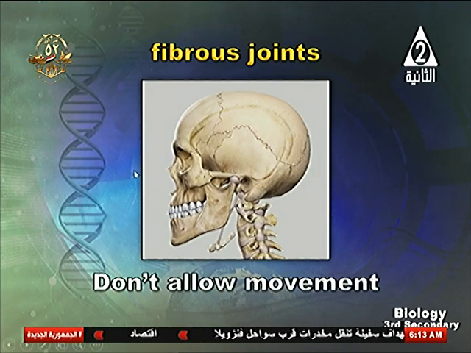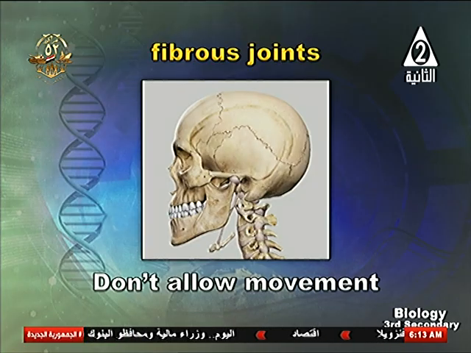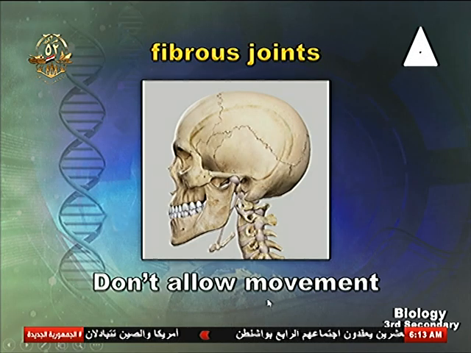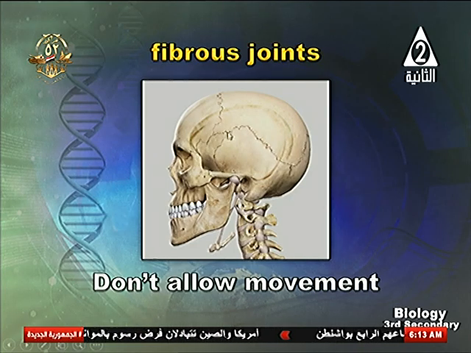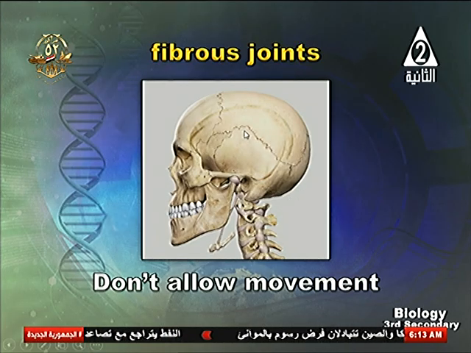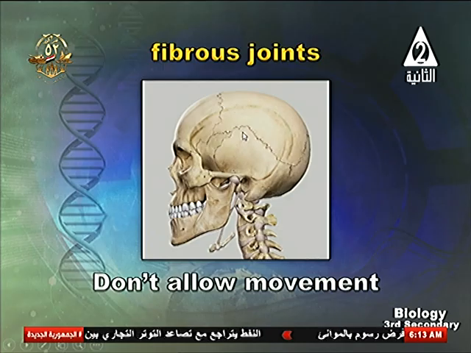We have three types of joints. Fibrous joints. Fibrous joints do not allow movement. At these joints, the bones are fused by fibrous tissue, which changes into bony tissue when getting older.